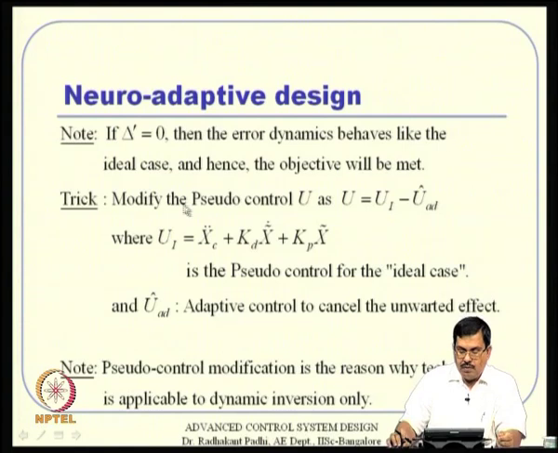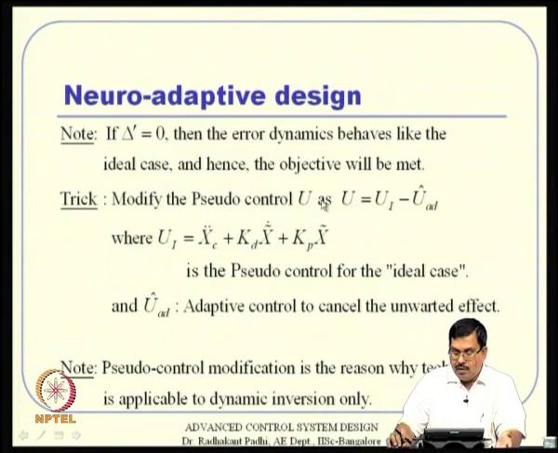So, let us talk about this pseudo control as something like ui minus u adaptive hat. ui stands for the ideal pseudo control, the ideal case. If the system dynamics is perfect and all that, under those conditions whatever pseudo control is available to us, that is denoted as ui, that is all actually.